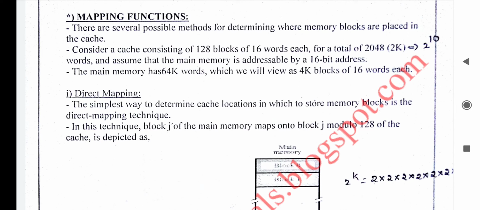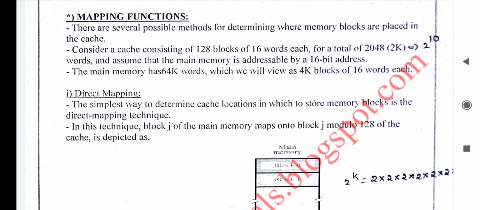So here it is simply how you place the words in cache memory. Direct mapping is the very simplest technique to place the memory blocks in cache memory.